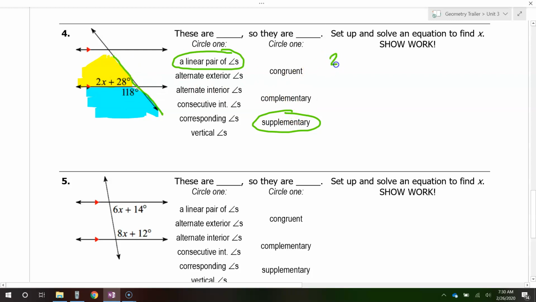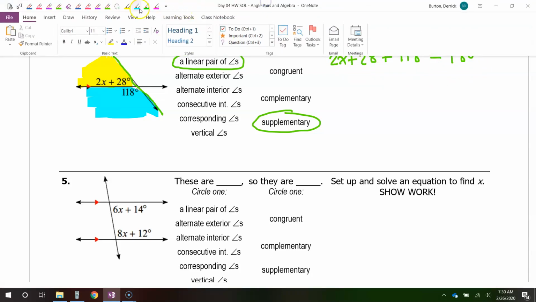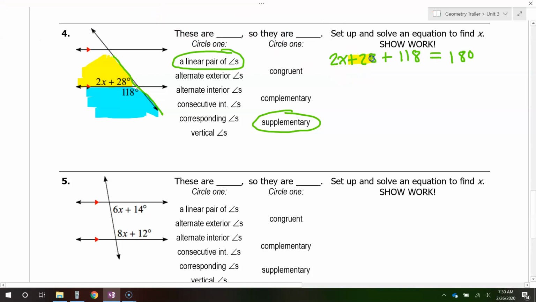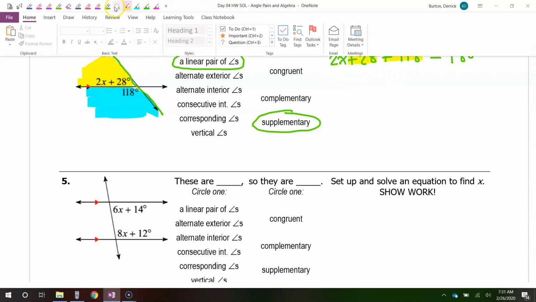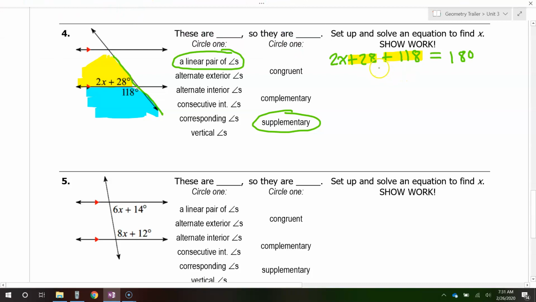That means that 2x plus 28 plus 118 has to equal 180. All right, they add up to 180. However, right here, I've got some like terms. The 28 and the 118, those are like terms. They are on the same side of the equation.